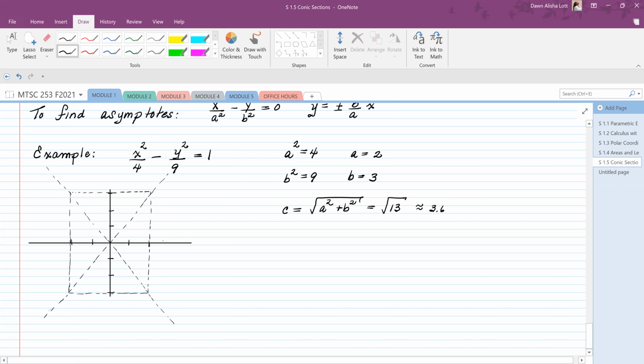So therefore I need, whoa, I should have drawn my picture much smaller.